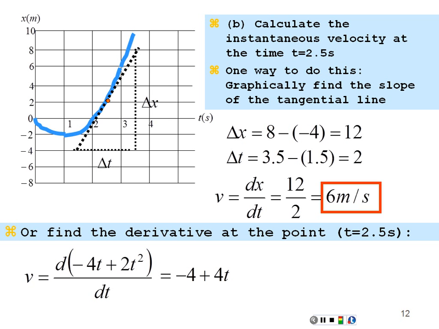At the particular time of t equal 2.5 seconds, I'll have negative 4 plus 4 times 2.5. That's negative 4 plus 10, or 6 meters per second. By golly, the two match up. I wouldn't necessarily expect that, because the graphical technique is not purely exact. There are so many ways I could draw that graph and be a little bit off, whereas the derivative technique is exactly correct.